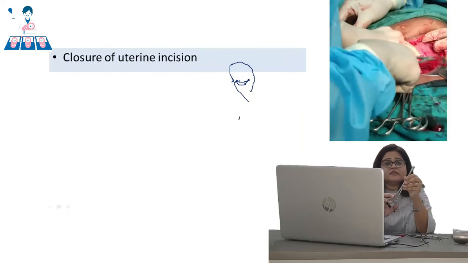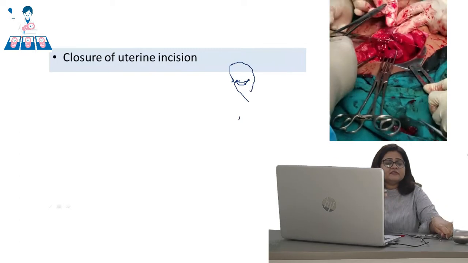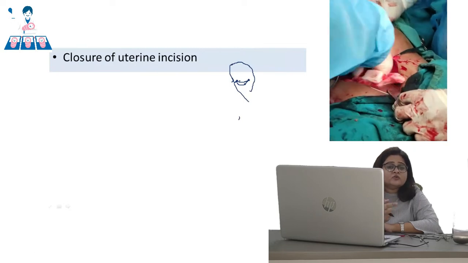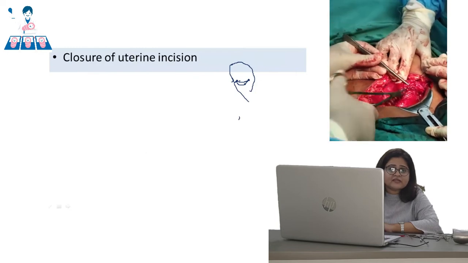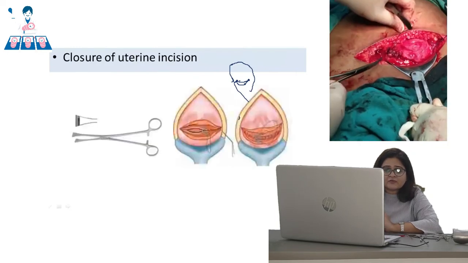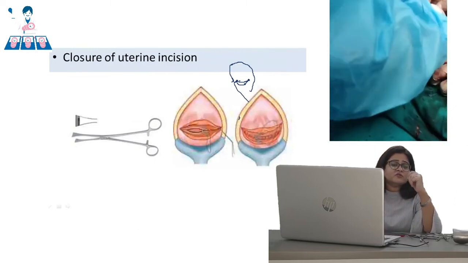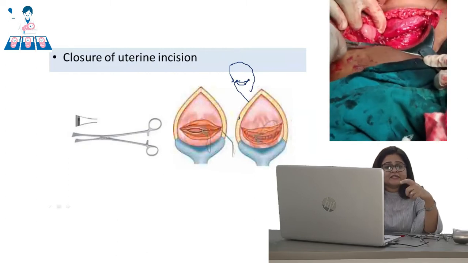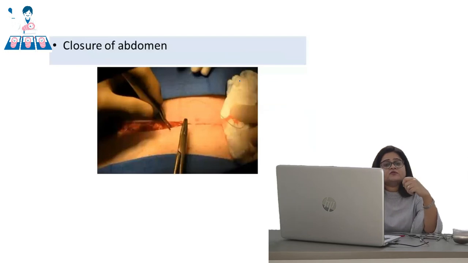So remember the Green-Armytage forceps, and we hold the angles with it, and then we suture the uterine incision either in a single layer or in two layers. Both are correct depending on the surgeon's preference. You can see in the video, it is closed using delayed absorbable sutures, either in a single layer or in a double layer. Once we close the uterine incision, then we can choose to close the parietal peritoneum.